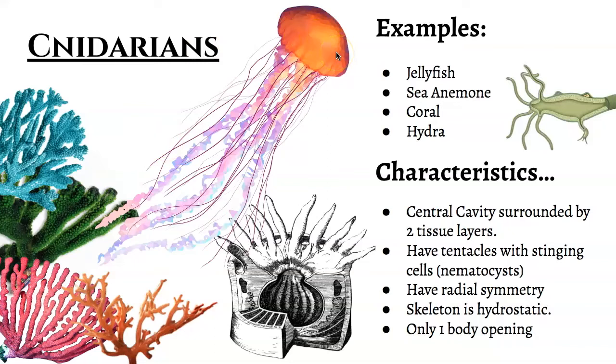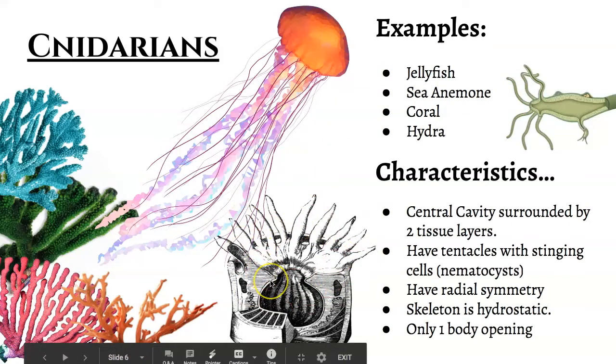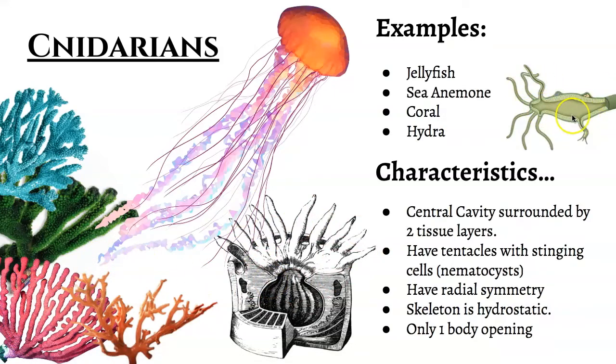Now, what classifies them as Cnidarians, even though they might look so different, is all their characteristics. So first of all, they're going to have two different main body types. They're either going to be a polyp, which is what things like sea anemones, corals, and even these little hydras are, or they're going to have a medusa body plan, which is what jellyfish are.